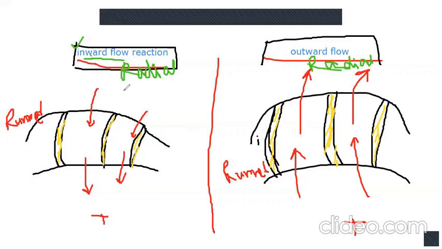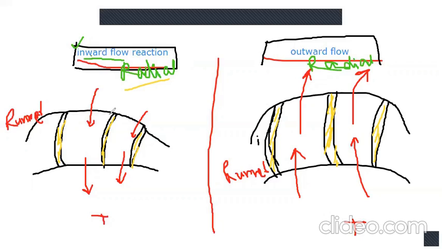In this turbine, inward or outward, the water discharge at the outlet is always radial, that means perpendicular to that point.